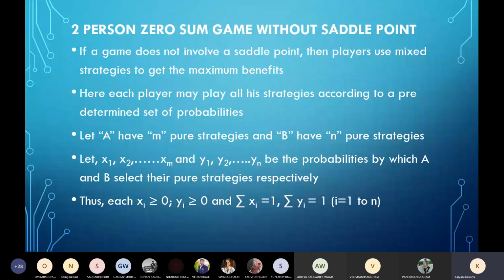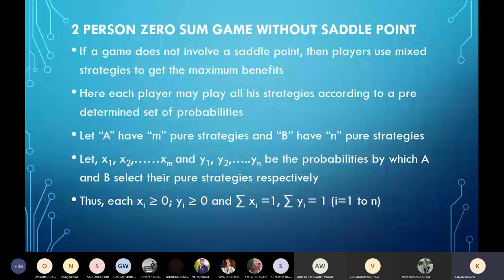The entire decision making process of game theory depends on a probabilistic approach, because at the start of the game no one knows who is going to win and who is going to lose. So both players are going to play their own strategies to the best of their possibilities, but still it is probabilistic in nature.